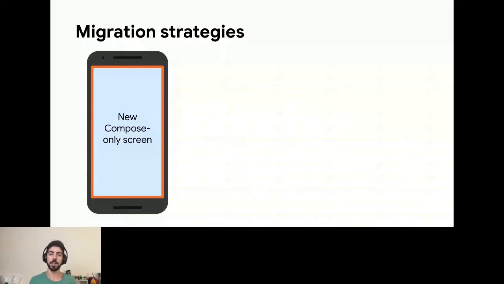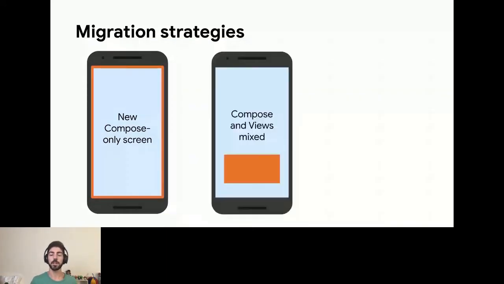Then another possibility is that you can mix and match Compose and views as much as you want. So for example, instead of creating a RecyclerView, as we were seeing before, you could use the LazyColumnFor that we saw, and probably have that in a ConstraintLayout existing in the view system. They can interact together quite well, so I fully recommend doing that as well.